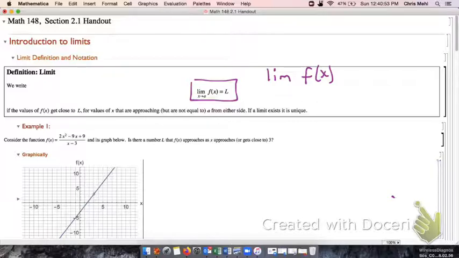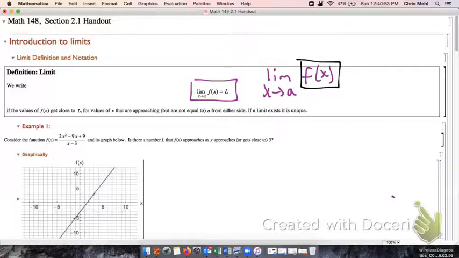So again, this is the limit of f of x as x. This arrow stands for approaching. So you're saying the independent variable x is approaching some value a, which is either going to be some number, or we will look at end behavior of functions, so we want to know what happens to the outputs, or the f of x values. These are the outputs of the function.